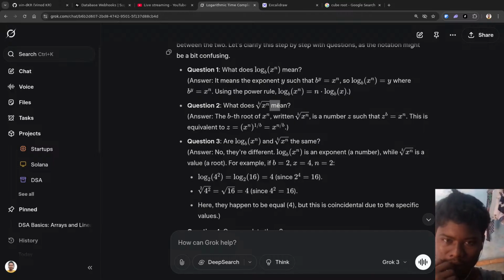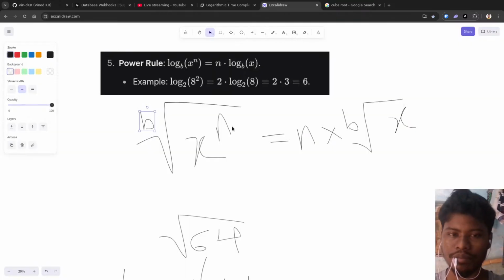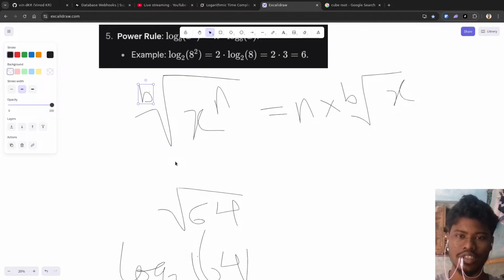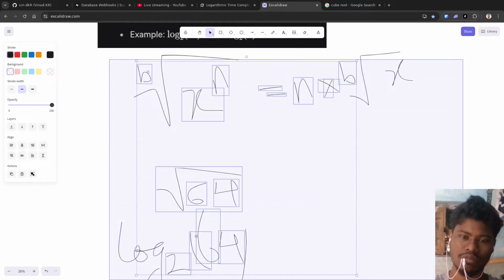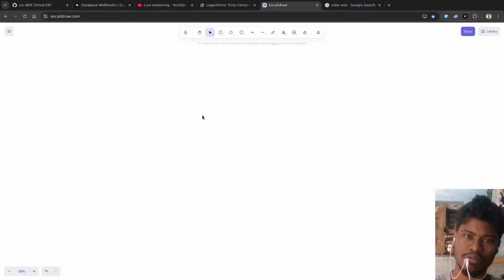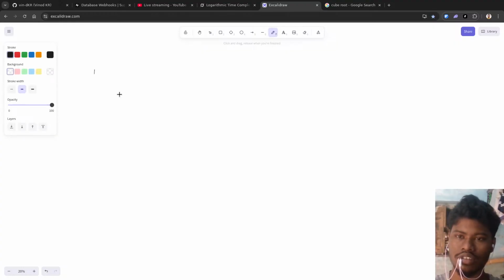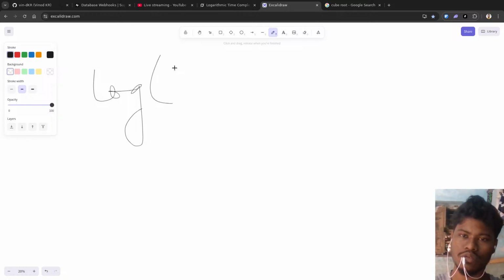But in log, so basically, let's say log of 64, base is 2, that is 6, correct.